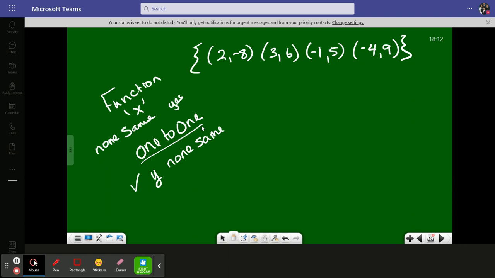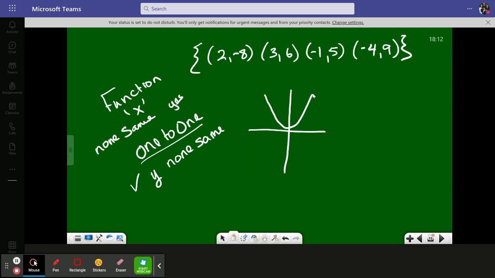Now, if I had a parabola, and I wasn't looking at a set of coordinates but at a graph and I was asking functions, yes or no, what did we do to find out? A straight line test.